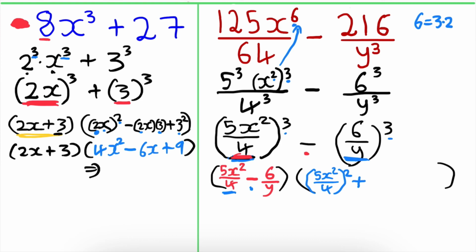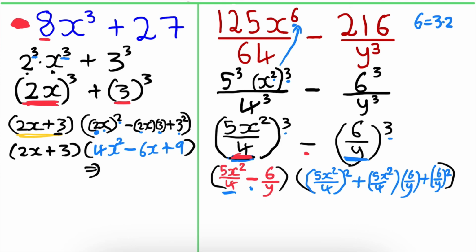I'm going to multiply them: 5x squared over 4 multiplied by 6 over y. Then the last term is obviously a plus, 6 over y all squared.